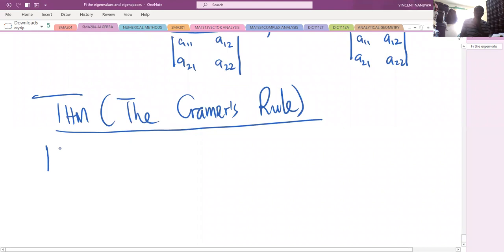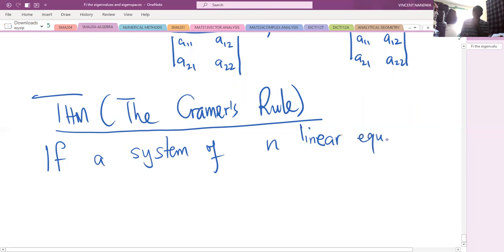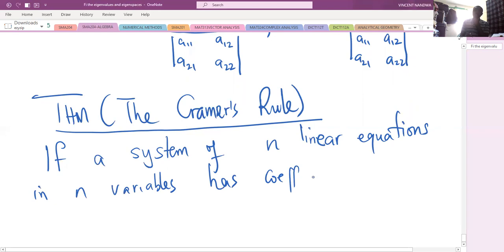If a system of n linear equations in n variables has coefficients matrix with non-zero determinant.